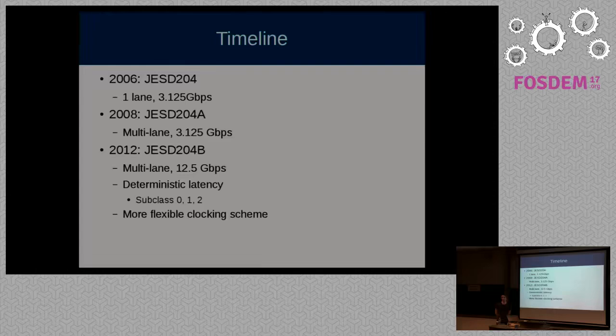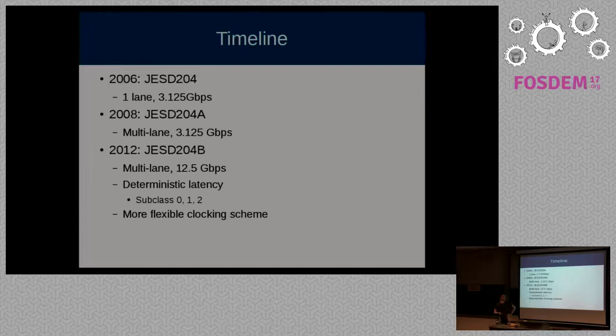With JESD204B, it's possible to run some of the clocks at harmonic or subharmonic frequencies. This means the clock going to your converter might be twice as fast or 4 times as fast as the clock going to your FPGA. Let's say you have a converter running at 1 giga sample per second. You won't be able to run the logic in your FPGA at 1 gigahertz, so you maybe want to scale down and run it at 250 megahertz, and this was introduced by the standard.